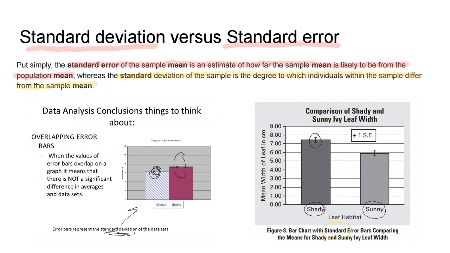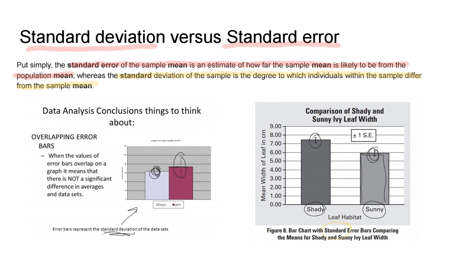This one means pretty close. Same thing here. This is the mean population of the leaf size in the sunny, and this is the standard error, meaning that it's pretty close to the population.